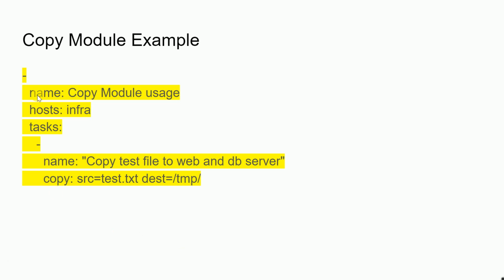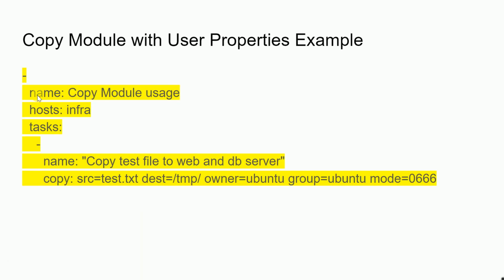We first need to provide a name, copy module usage, and hosts infra. I use the same infrastructure, the same instances as in the previous videos. So I use hosts as the infra group.